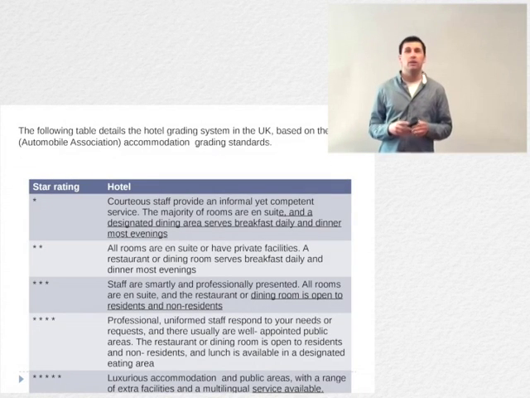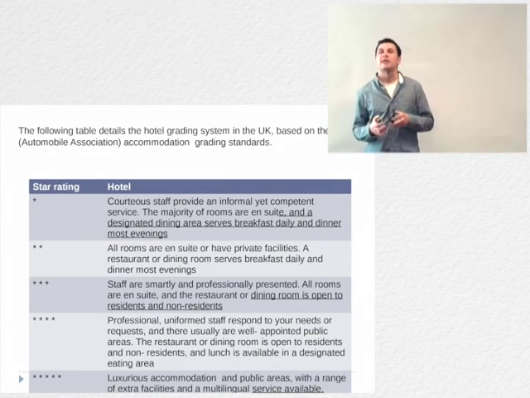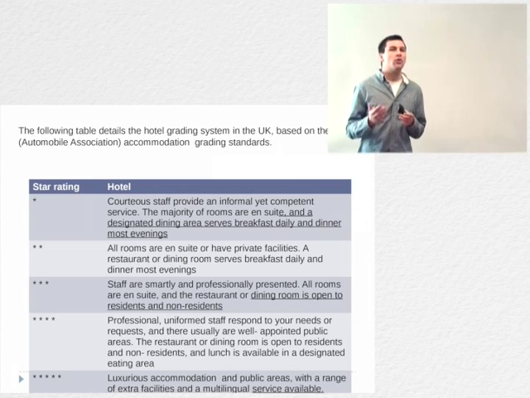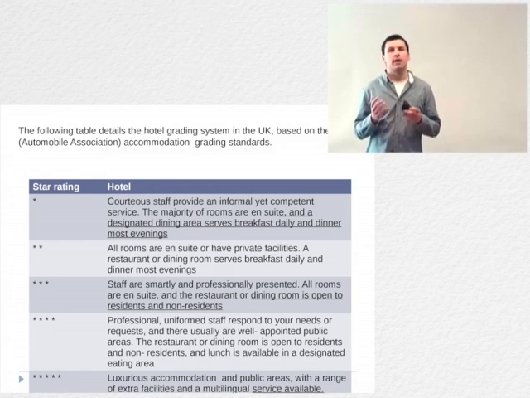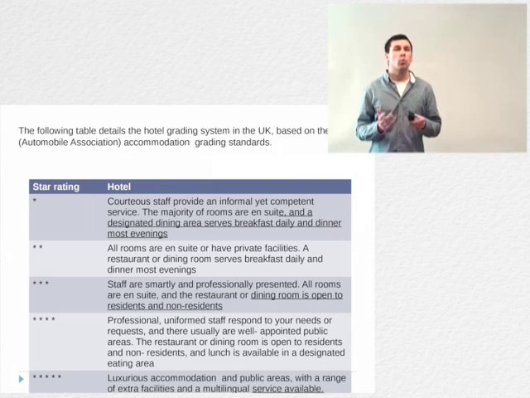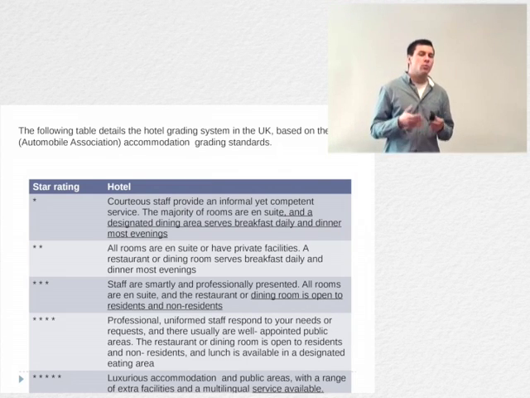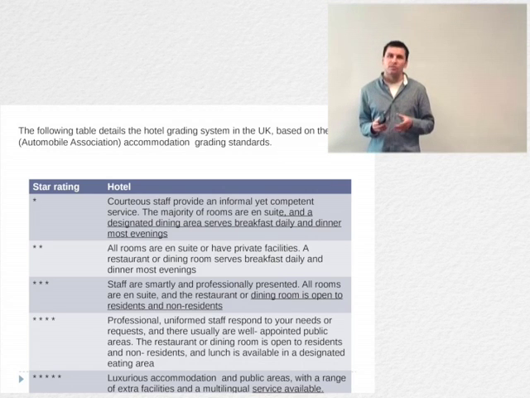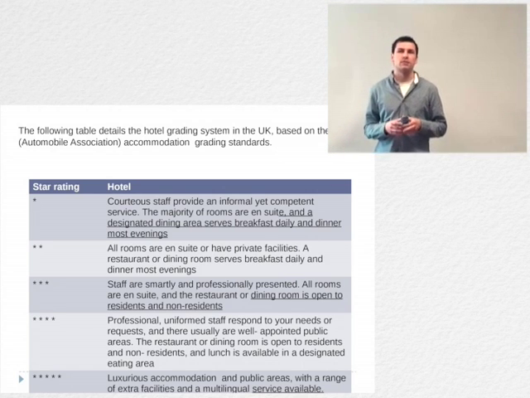The following table details the hotel grading system in the UK based on the AA, or Automobile Association, accommodation grading standards. In a 1-star establishment, we could expect courteous staff to provide an informal yet competent service.